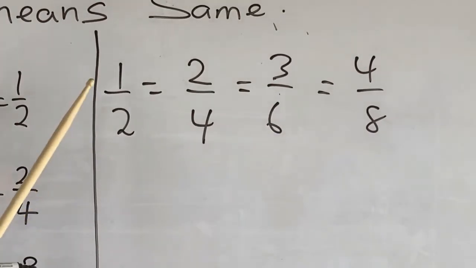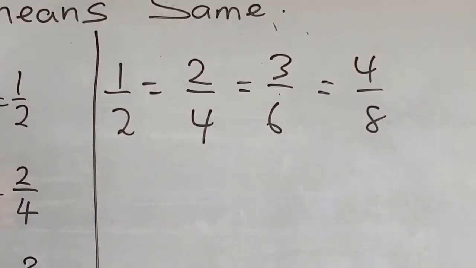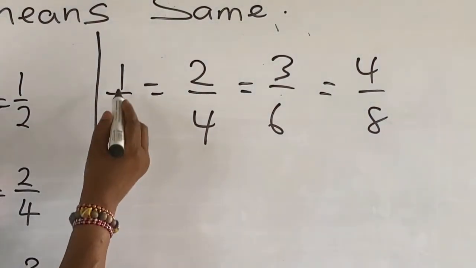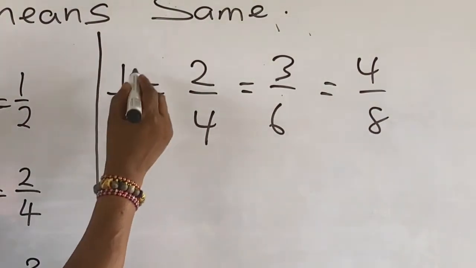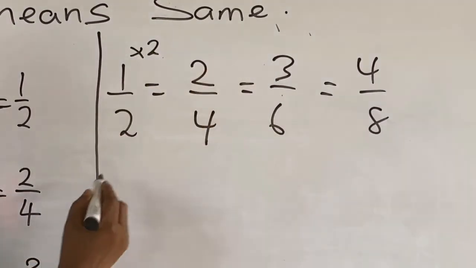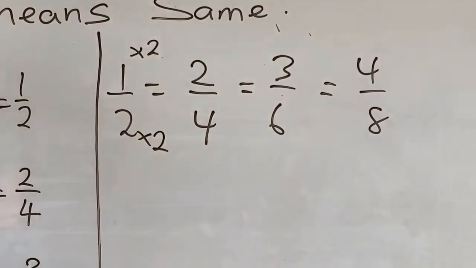The top number is the numerator and the down number is the denominator. Something keeps on repeating itself. If you can see here, half, the numerator was multiplied by 2 to get 2, and the denominator was multiplied by 2 to get 4.